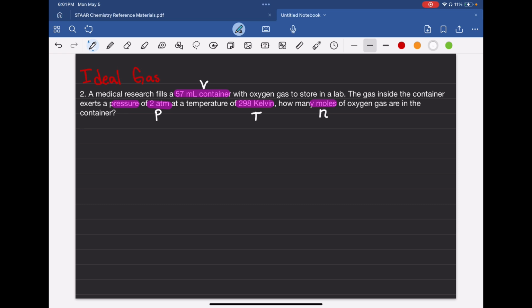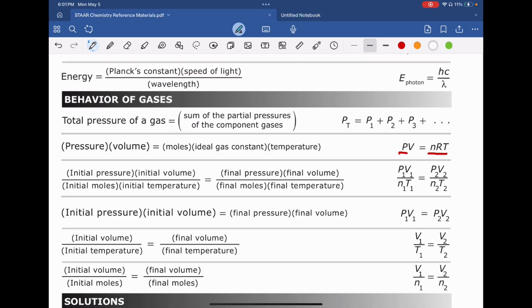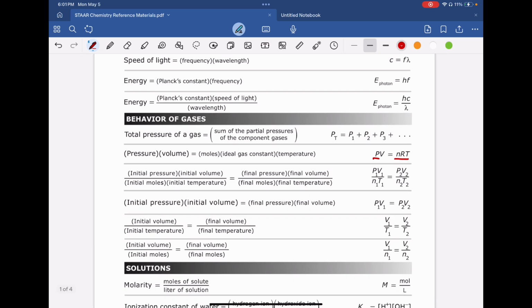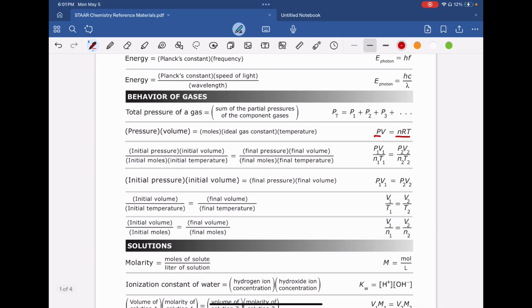it's asking for moles. So if we look at our reference paper, again, you will have this in your ACP. Under behavior of gases, we will be using our ideal gas formula: pressure times volume equals moles times our constant times temperature.